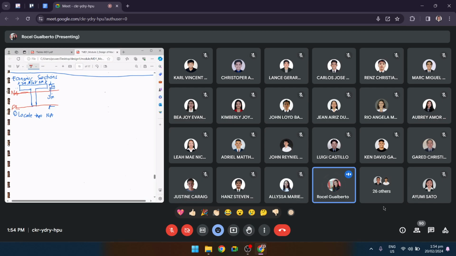Half of this is 2 inches, so this is more than half. We have to know its distance. From the datum line, it would be at a distance y bar. That is how you locate the neutral axis.